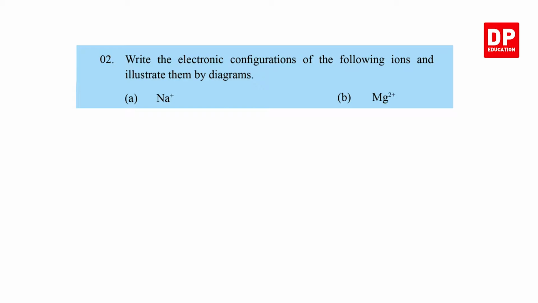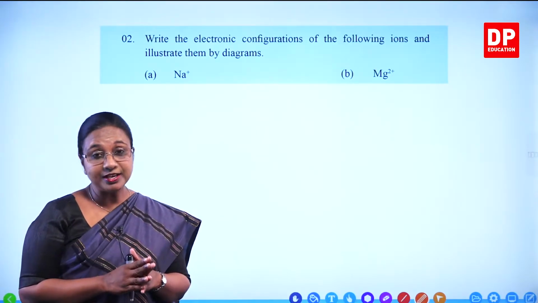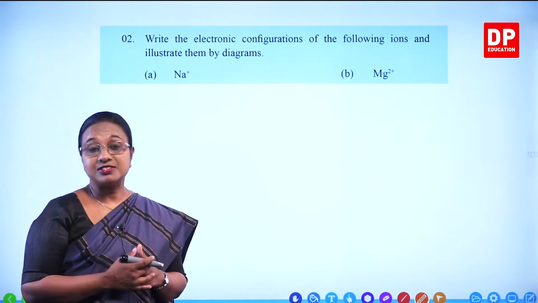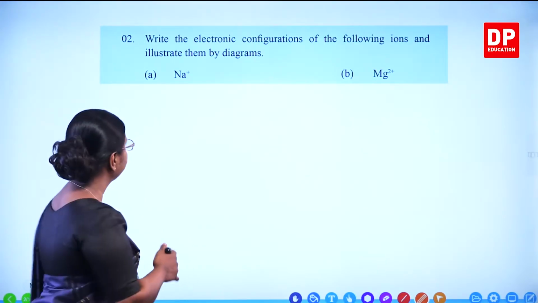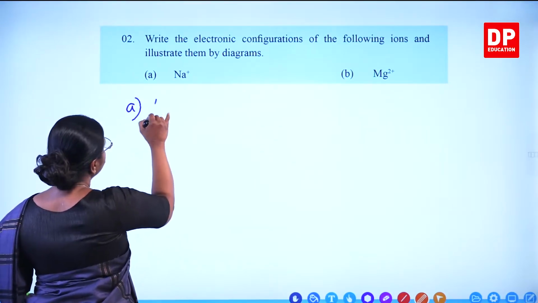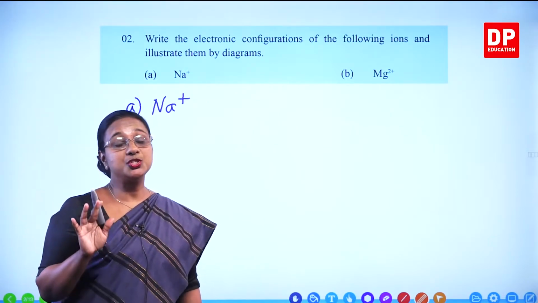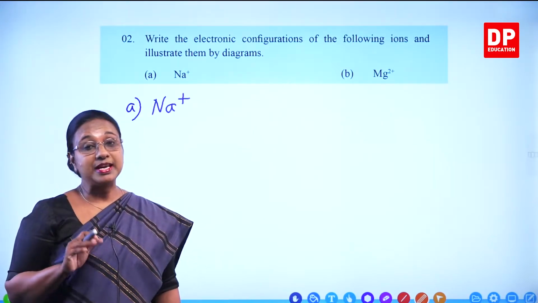Write the electronic configurations of the following ions and illustrate them by diagrams. So, you need to write the electronic configuration and then illustrate them using a diagram. So, here, if we take the first one, that is Na+. You can remember, students, sodium, the atomic number is 11.